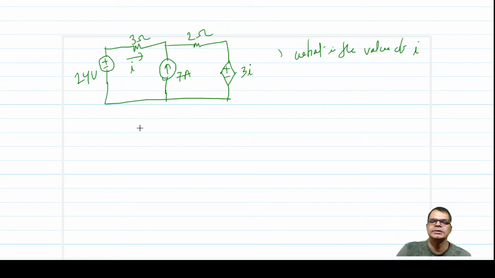Let us make only the 24 volt active, because as per the superposition theorem, only independent sources can be reduced to 0, right?